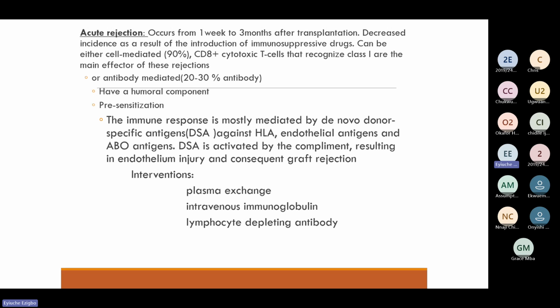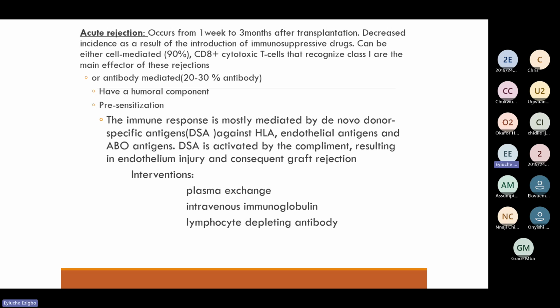They may have a humoral component, okay, where there will be pre-sensitization. The immune response is mostly mediated by de novo donor-specific antibodies against HLA, endothelial cell antigen, and ABO antigen. The DSA activates complement, resulting in endothelial injury and consequent graft rejection.